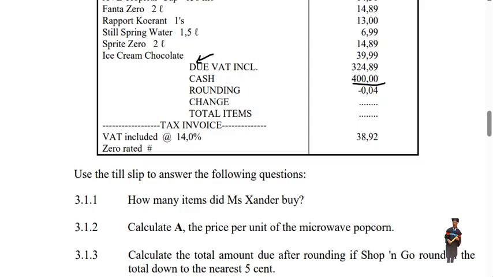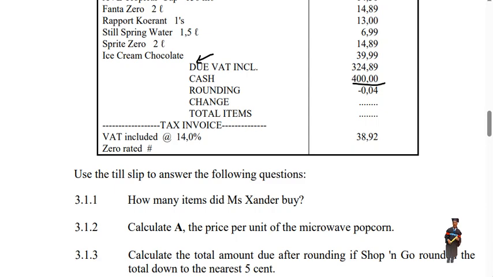Maybe in the past they were not rounding because they used to use 1 cent, 5 cent, long time ago. Okay, but now we are no longer using those coins. Okay, and then the change is going to be calculated using the due and the rounding.